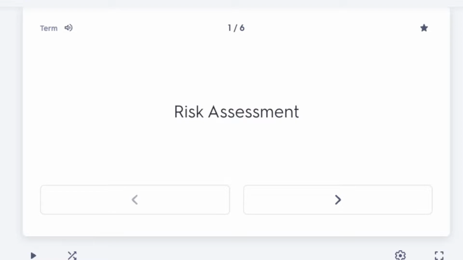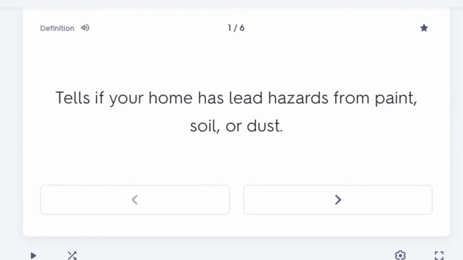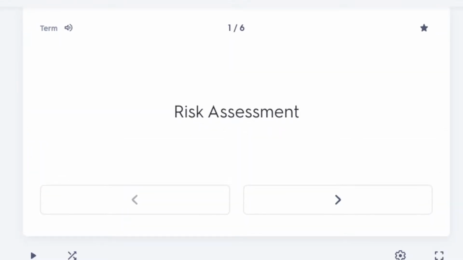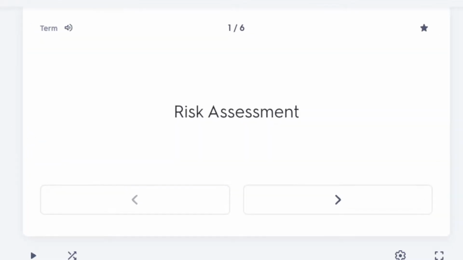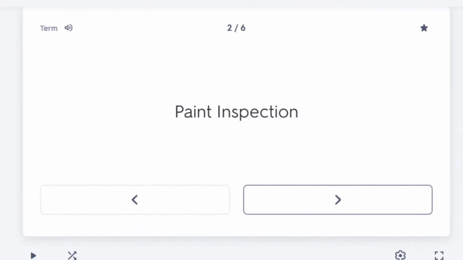Well, what does a risk assessment mean? A risk assessment tells if your home has lead hazards from paint, soil, or dust. So remember, risk assessment, always equate that with it tells if your home has lead hazards from paint, soil, or dust.